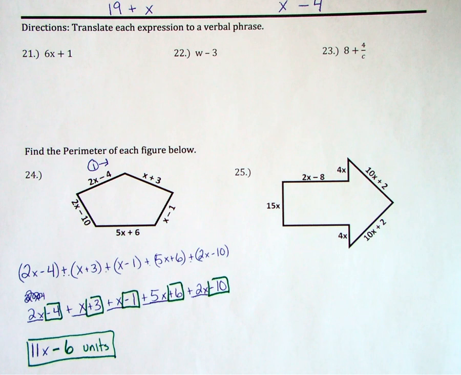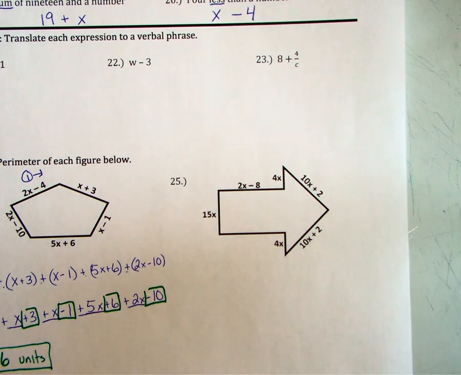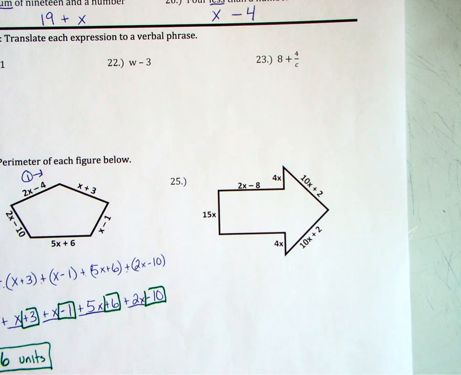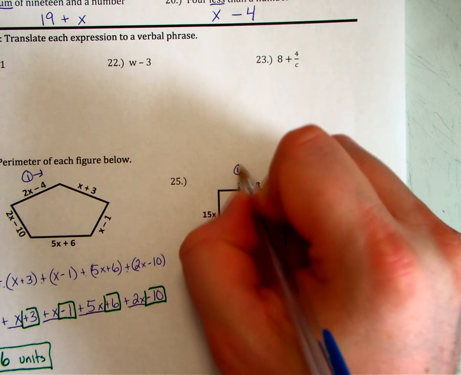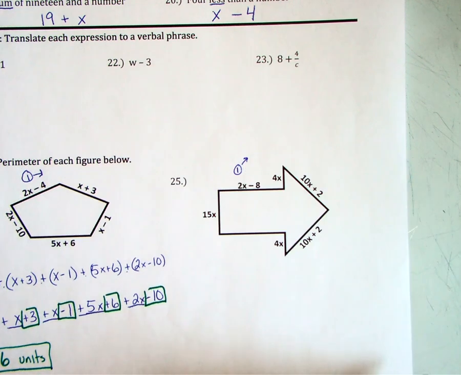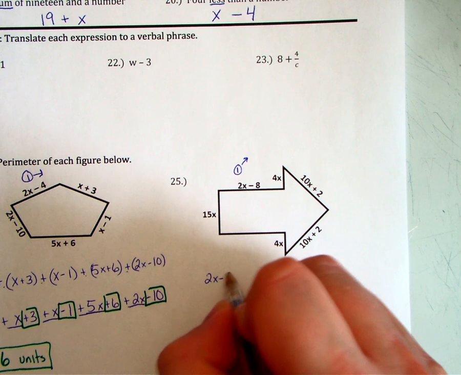Next problem, 25. 25 is very similar to 24. So I'm going to give myself a starting place and direction. And so we will start with 2x minus 8.